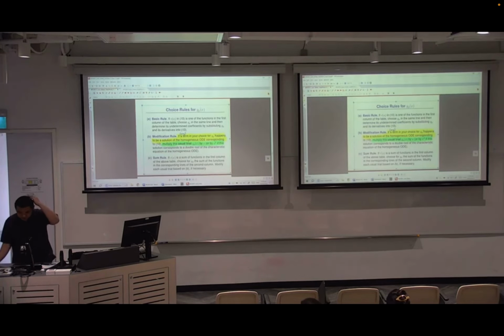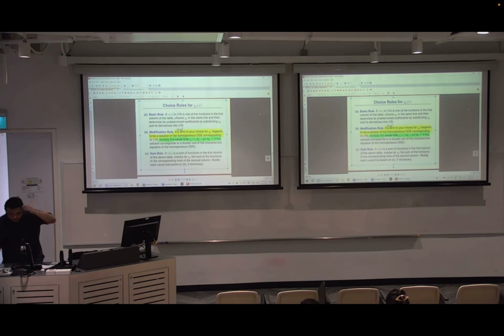You can see that if any term in your choice for y_p happens to be a solution of the homogeneous ODE, multiply the y_p throughout by x.